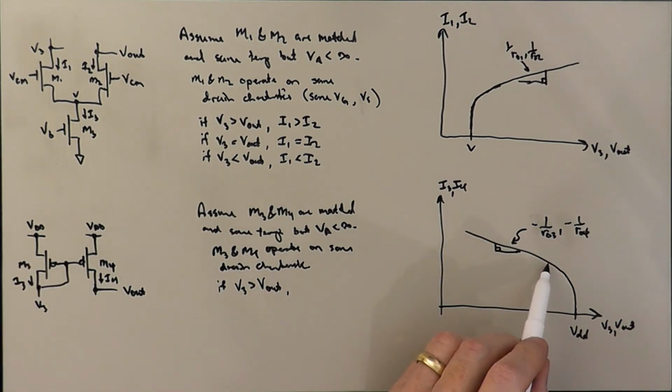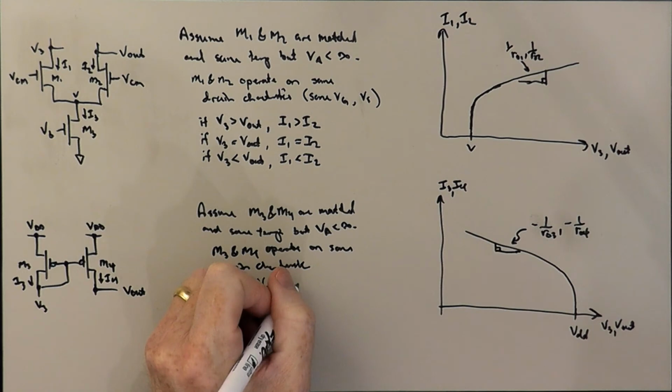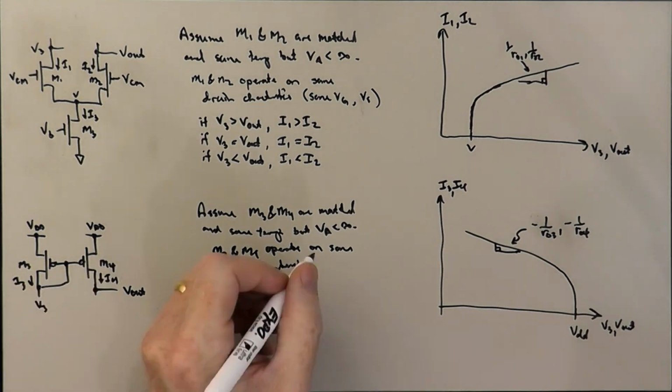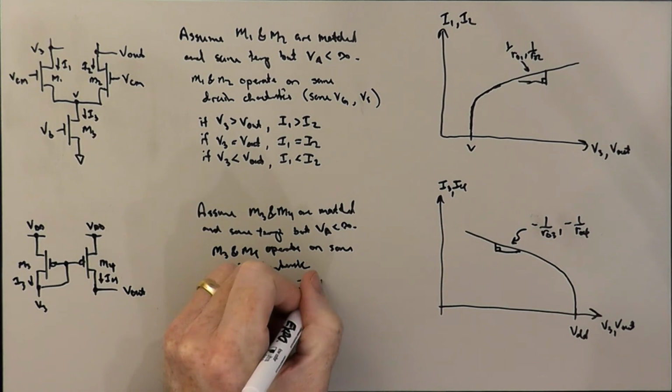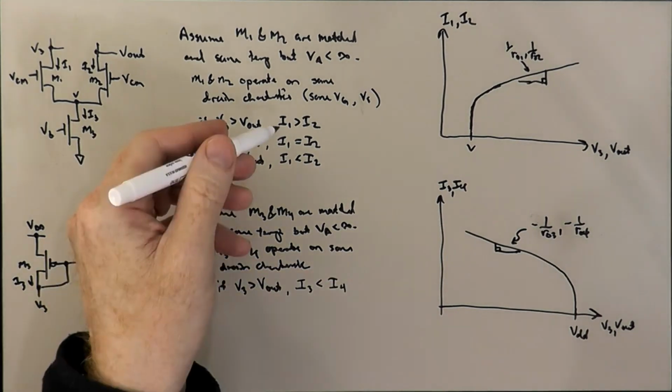M3 might be over here somewhere, and M4 might be down here somewhere, and so M4 is going to have a larger current. So if V3 is higher than V out, we're going to have that I3 is going to be less than I4. See, it's the opposite inequality here.